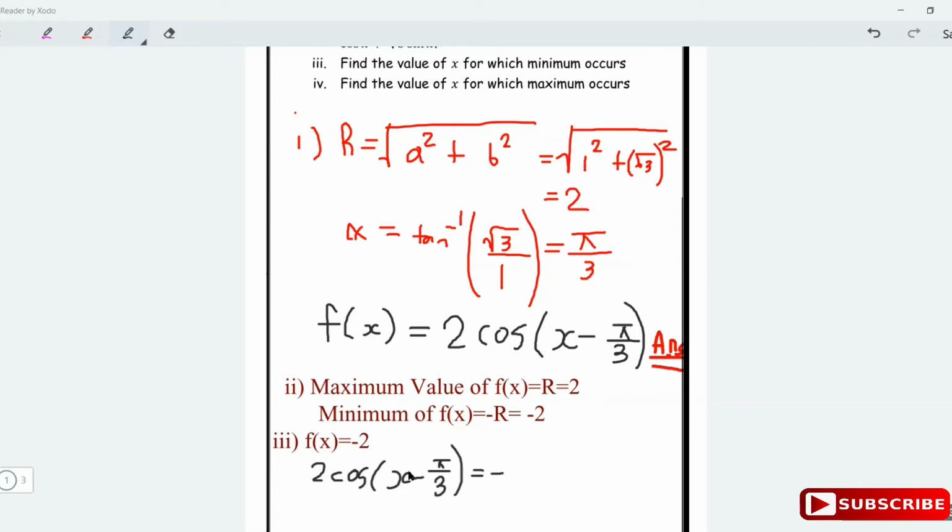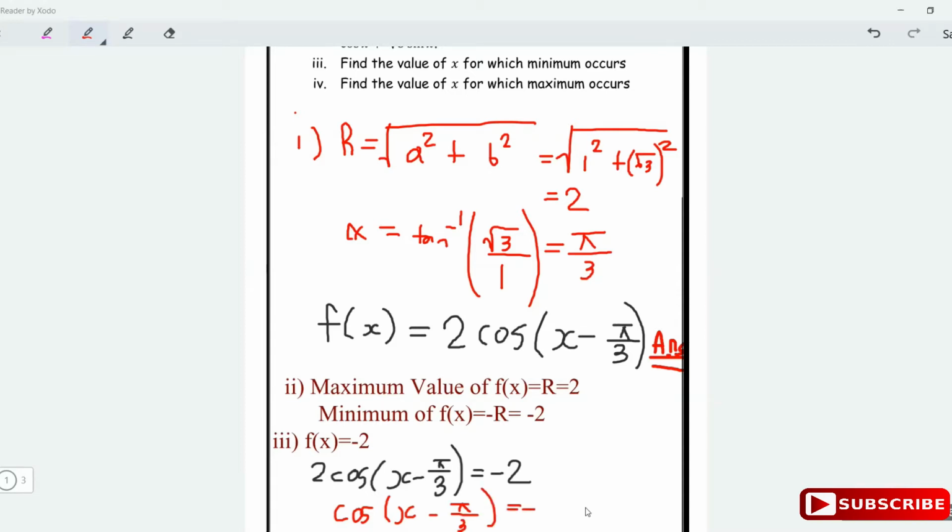Solving this, we divide by 2 on both sides. So what we're going to be solving is cos of x minus pi by 3 equal to -1. That's what we're going to be solving for the minimum value.